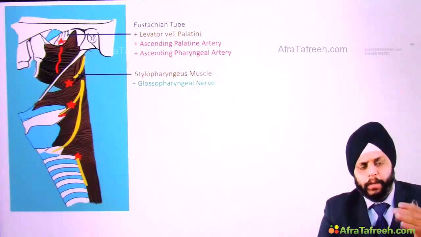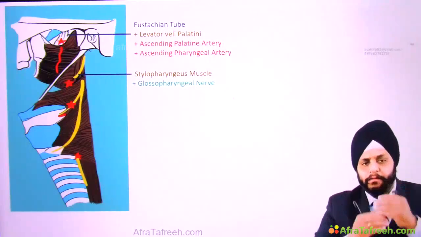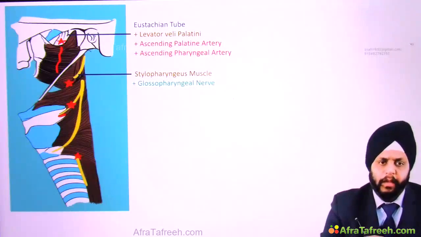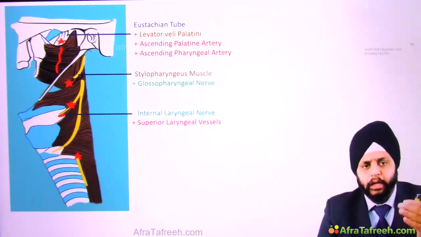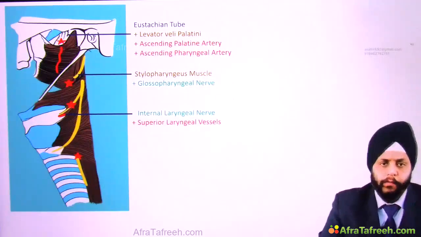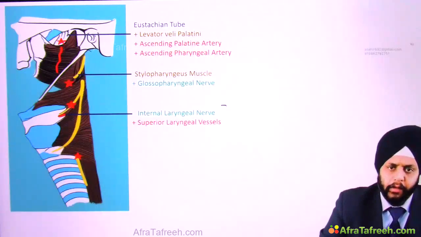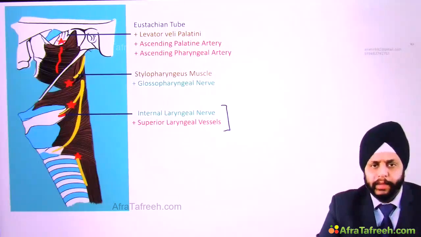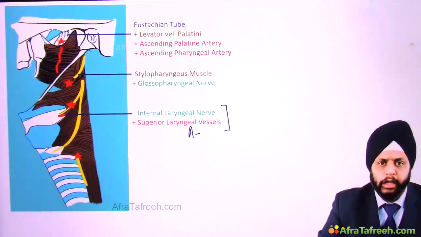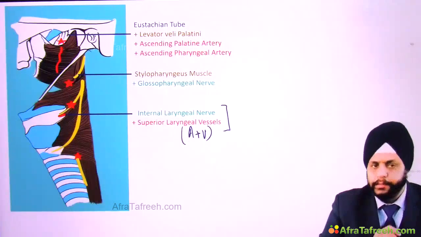Now what passes between the middle and inferior constrictor? Between the middle and inferior constrictor, we have the internal laryngeal nerve along with the superior laryngeal vessels, right? Superior laryngeal vessels means both artery and vein.